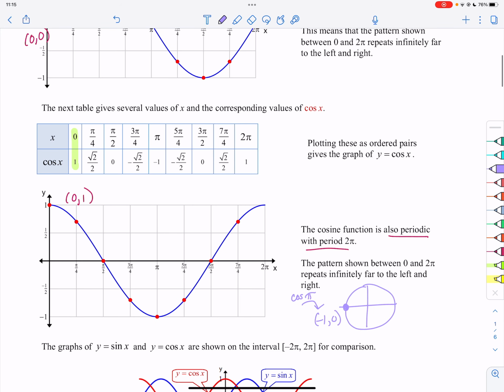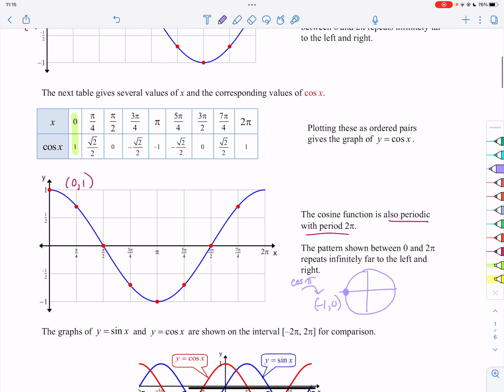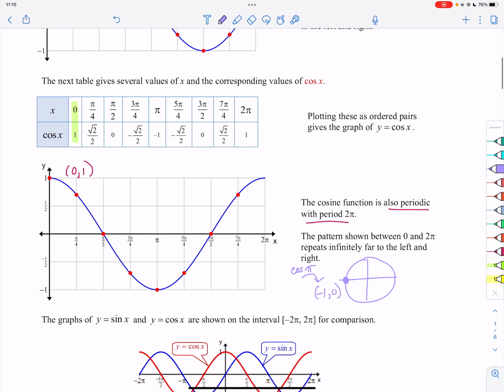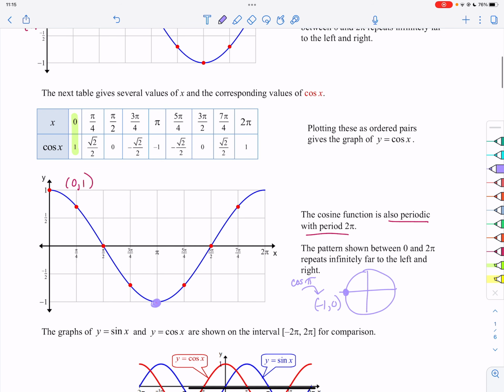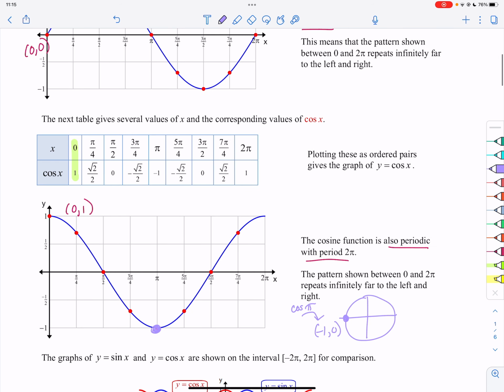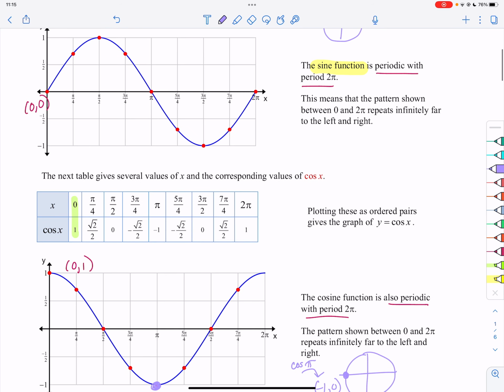So that is why this point, pi, negative 1, is right here. When x is pi, right here, the cosine of pi is negative 1.